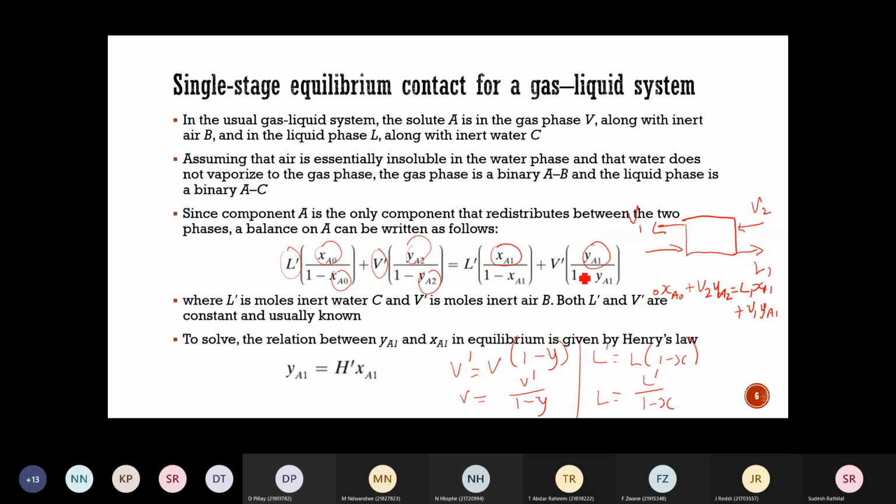So I've got one equation but two unknowns. I need to find a second equation, and the second equation that relates these two is the equilibrium equation, which is Henry's law. Henry's law is the equilibrium relationship that relates XA1 to YA1. Now I've got two equations with two unknowns, and I'll be able to solve them simultaneously to get YA1 and XA1.